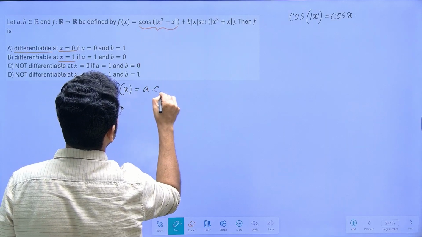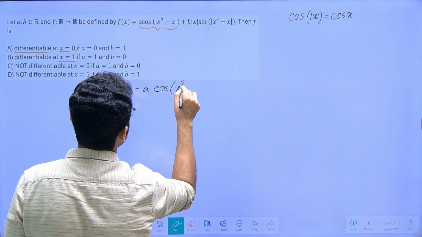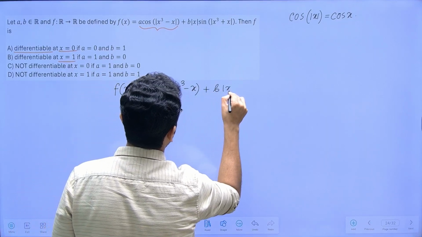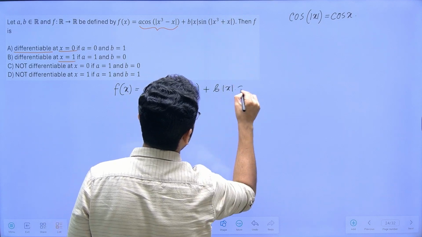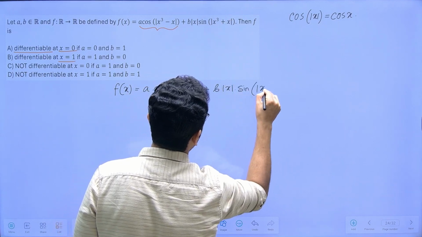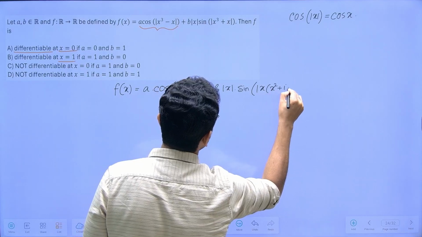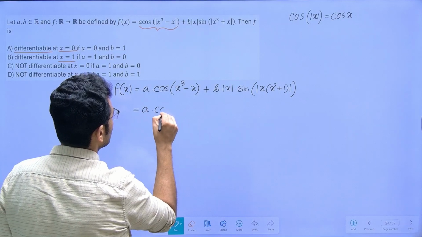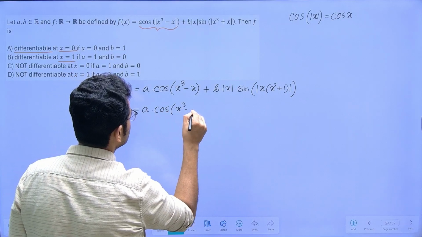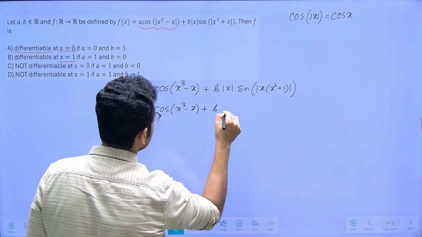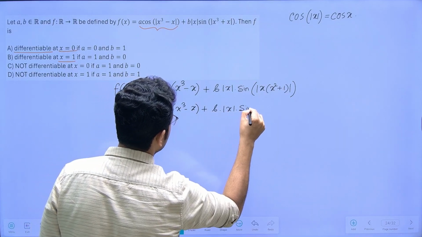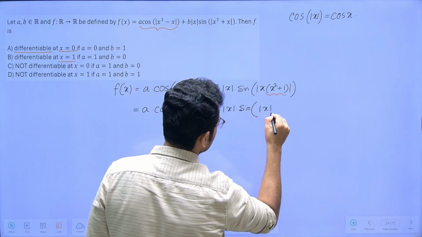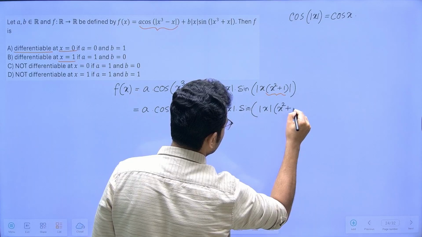Here this modulus is redundant, we can get rid of it. The factor x² + 1 we can take out of the modulus because it is positive.